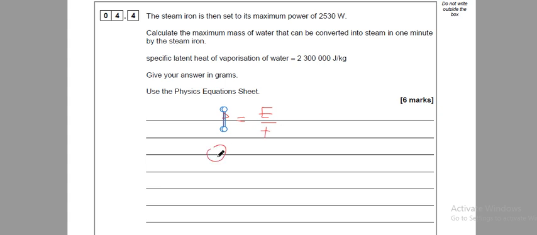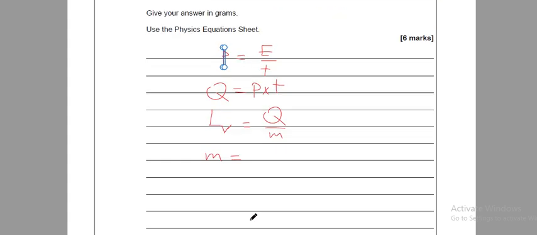So energy, or Q, is equal to power times time, and latent heat of vaporization is equal to thermal energy over mass. So mass equals thermal energy, or power times time, over latent heat of vaporization.